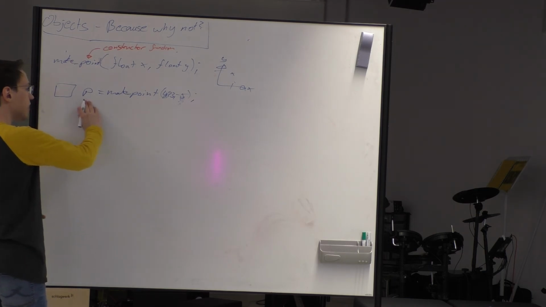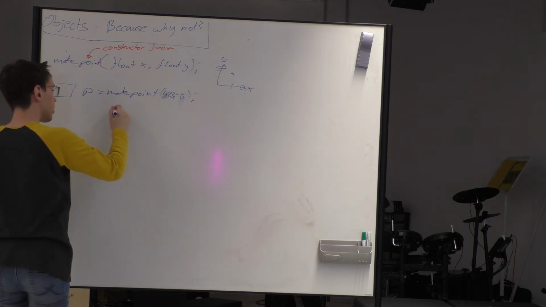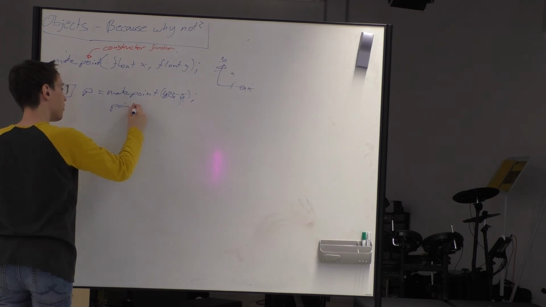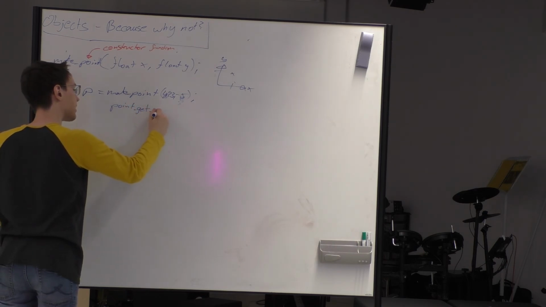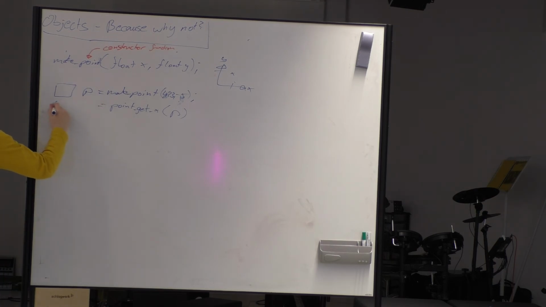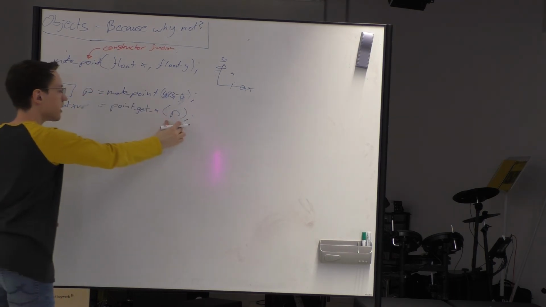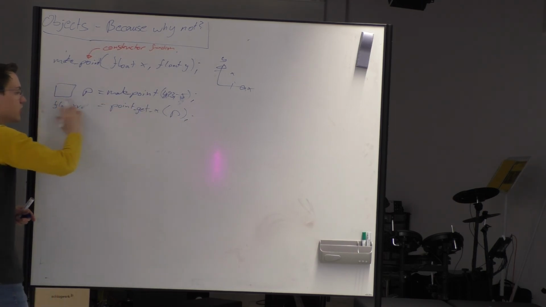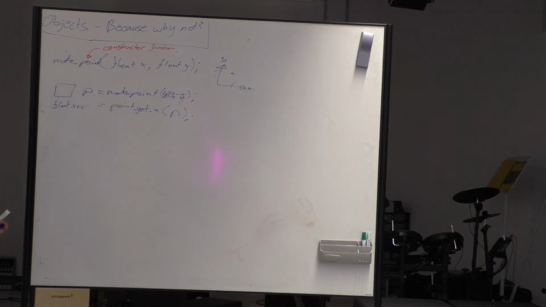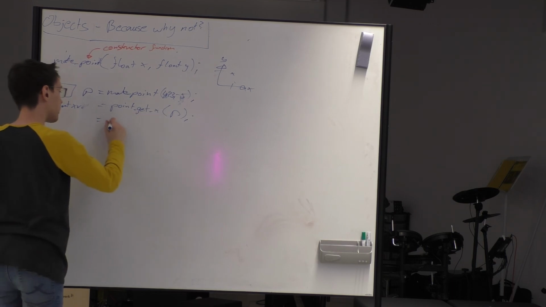If you want to get the x coordinate of a point, you just say point get x, and then you pass in the point, and it's going to return the x value, which is going to be the result of that. So again, you pass in this p that you just got, you don't care what it is, you just pass it in, and now you get out the x. Same applies for the y, of course.